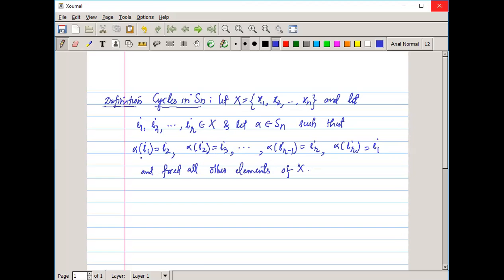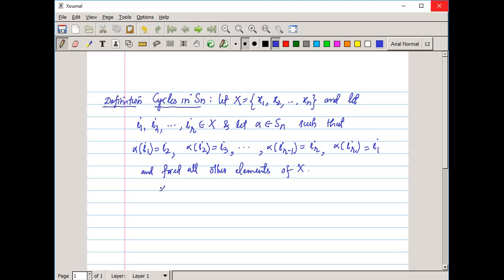So alpha is a kind of permutation that moves these i1, i2, ..., ir in this manner, and all the other elements of X are fixed by this permutation alpha. Then this kind of permutation is known as a cycle. Actually this has a nice notation in permutation groups.